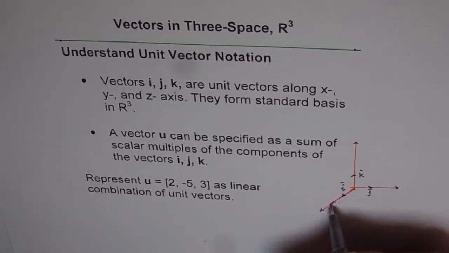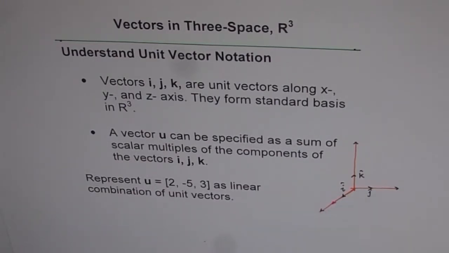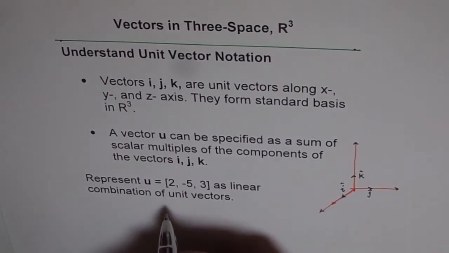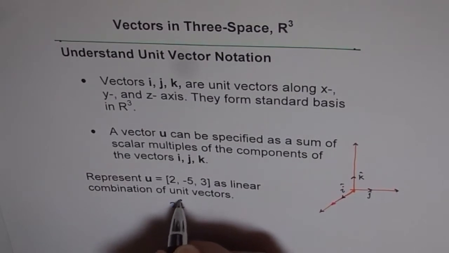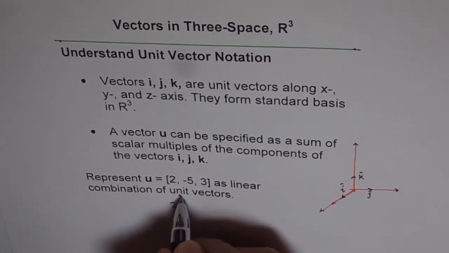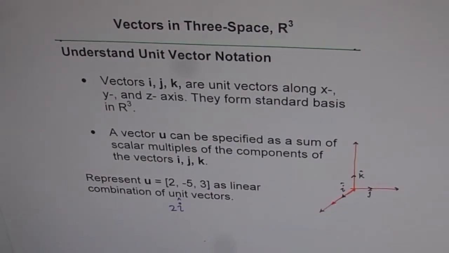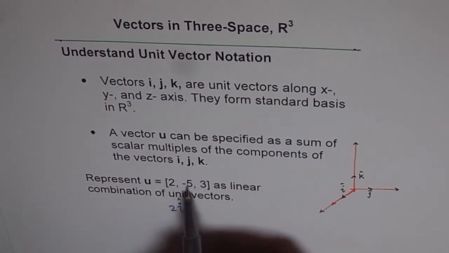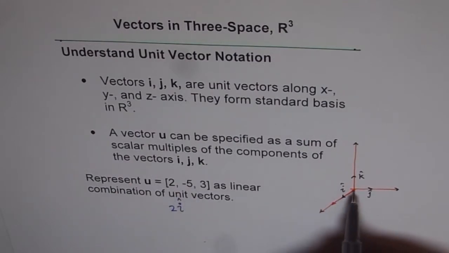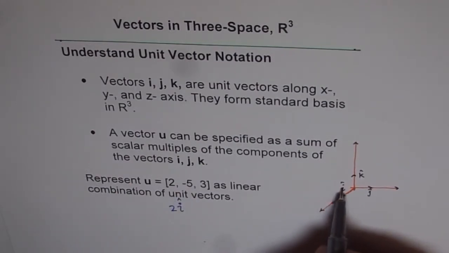Now, since that is 2 units along the x-axis, we could write this as 2i, right? So I can write this as 2i. Do you understand? 2 times unit vector i. Now let's look into the next one, which is -5 along the y-axis. That means we will go in this direction, correct?